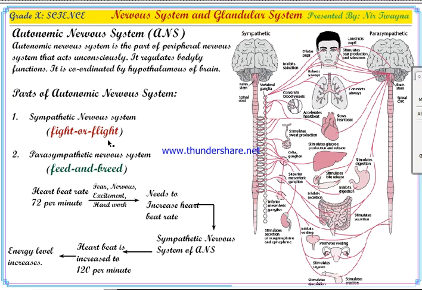In both cases, you will need a very high amount of energy compared to the general condition, compared to the normal condition. And to produce high energy, your heartbeat rate must be increased. And who does that? The sympathetic nervous system does that. So the sympathetic nervous system prepares you for the fight or flight response.